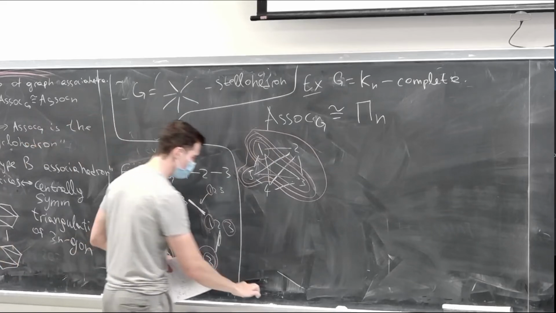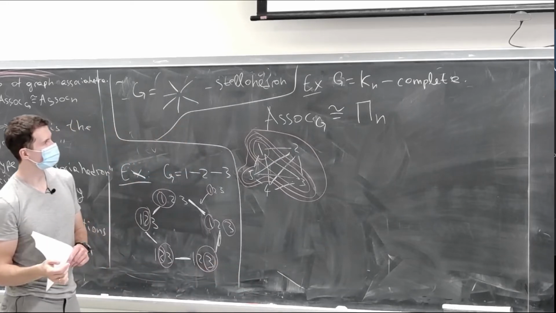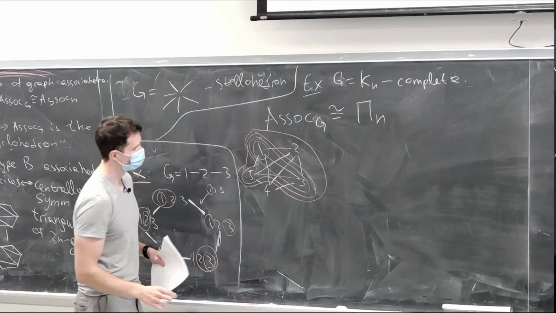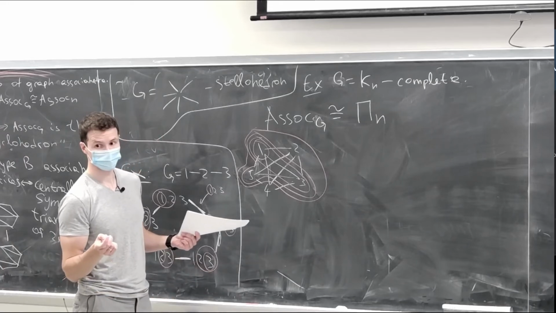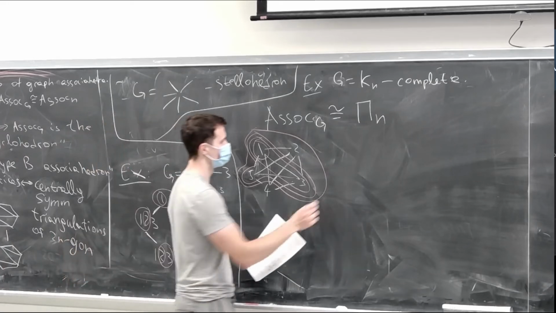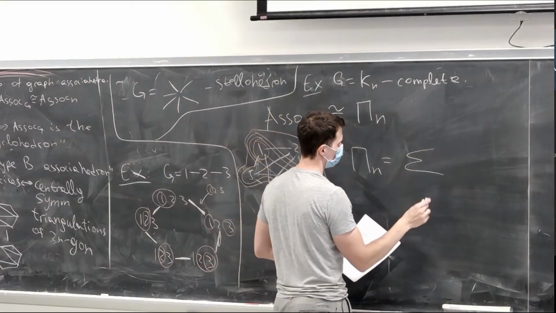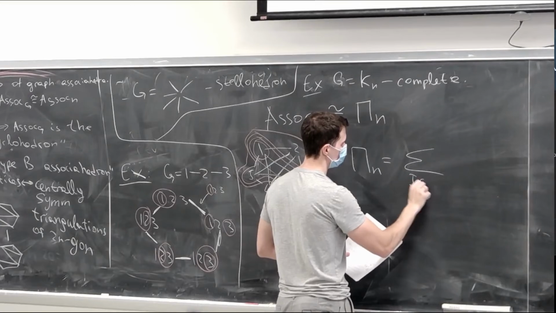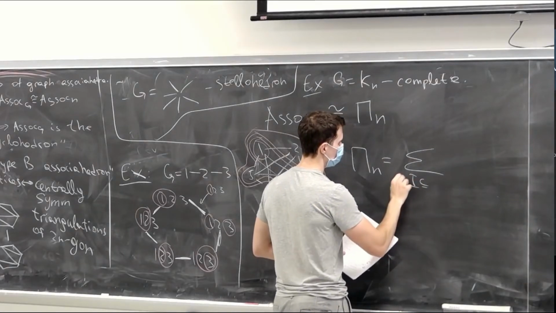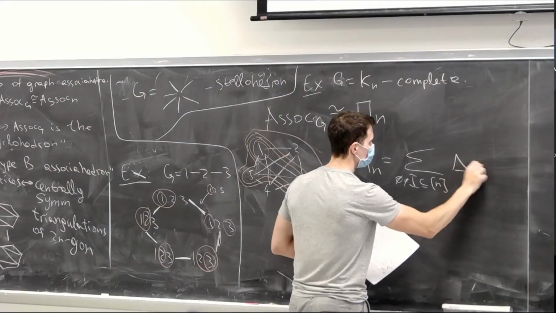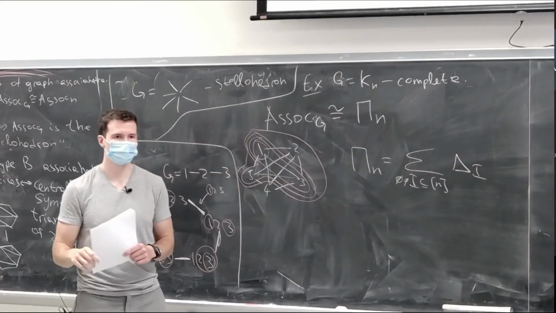So it's the permutahedron. What to me is surprising about this result is that we get yet another formula for the permutahedron. The permutahedron is the Minkowski sum over all non-empty subsets I of these simplices.